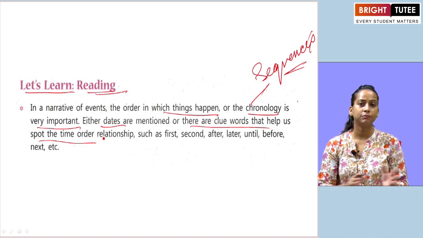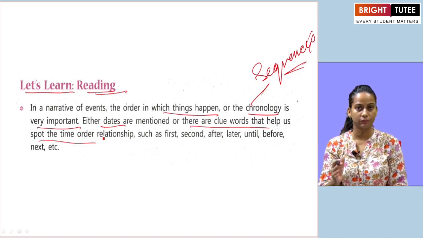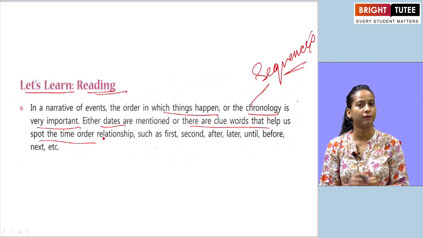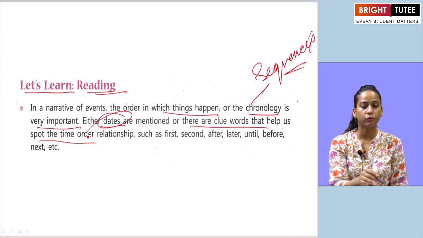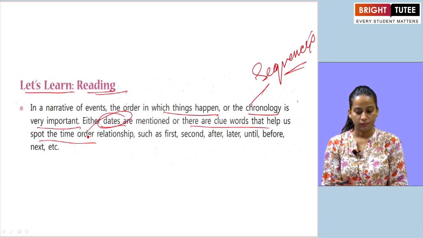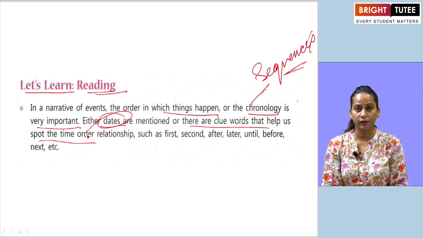So, whenever these sentences or paragraphs are given, we have to find some clues. Either we have to arrange the given data according to the dates, or we can use the different clues given there. Clear?